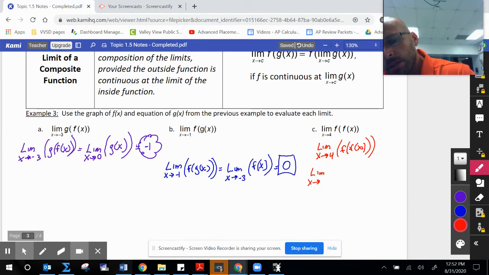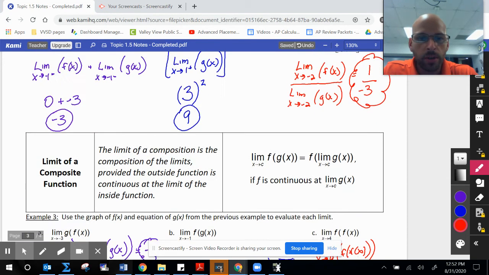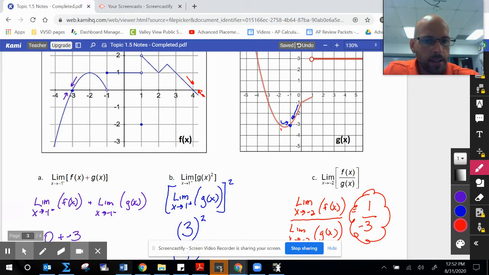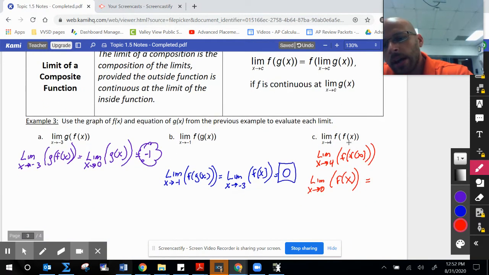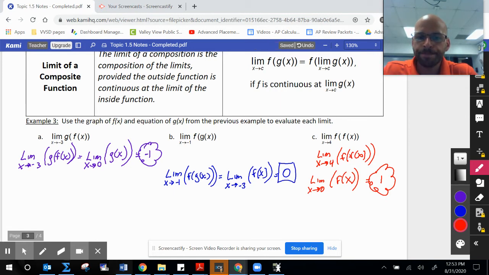So that's going to be my new input of the outer function, which also happens to be f. And then if you evaluate the limit as x approaches 0 of f of x, it's going to be right here, two-sided limit. That's going to give me an output of 1. And that'll be my answer. Okay?